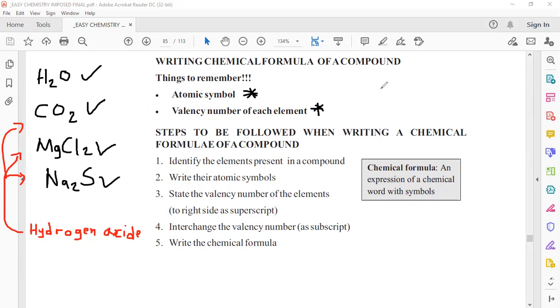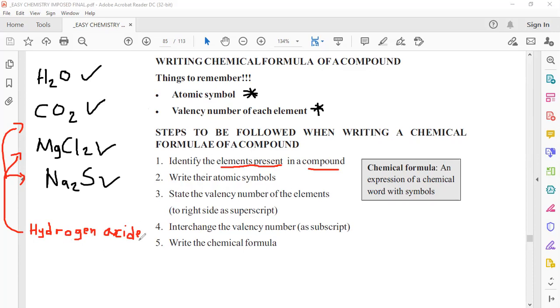A chemical formula involves chemical symbols. So the first rule is to identify the elements present in a given compound. You're given this compound.